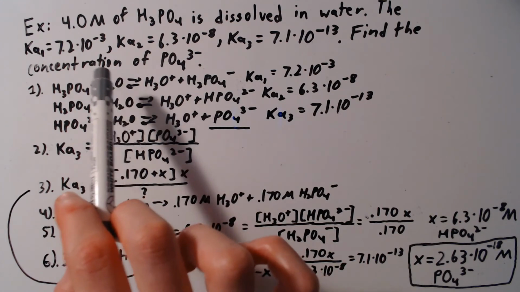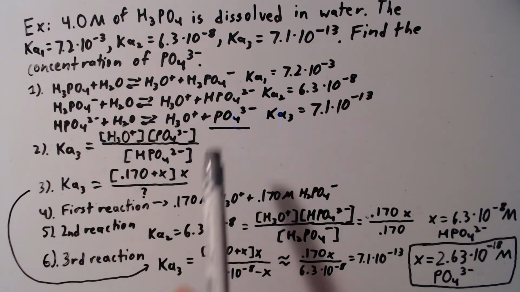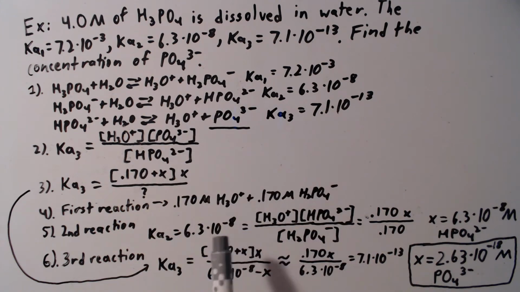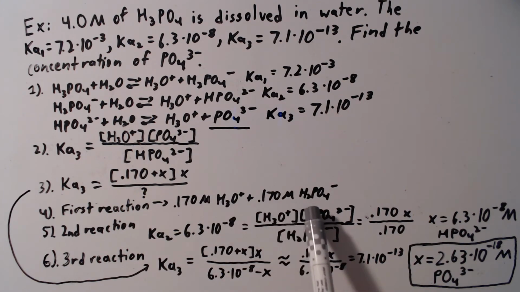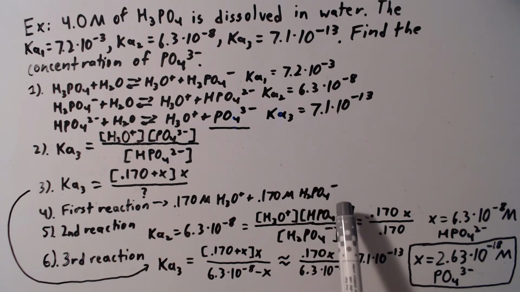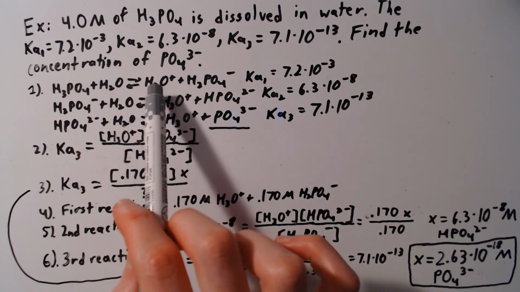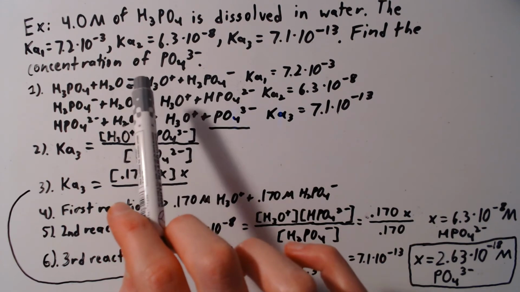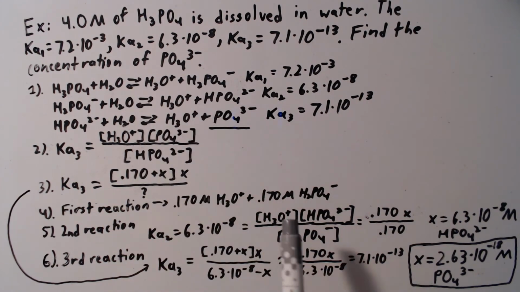Well, we have to go through the first reaction and the second reaction to get the concentration of HPO4 2-. We know that in the first reaction, based on the previous problem, the first reaction produced 0.170 molar of H3O+. Therefore, it also produced 0.170 molar of H2PO4-. This is because the H3O+ and the H2PO4- are in a 1-to-1 ratio, so an equal concentration of both are produced.